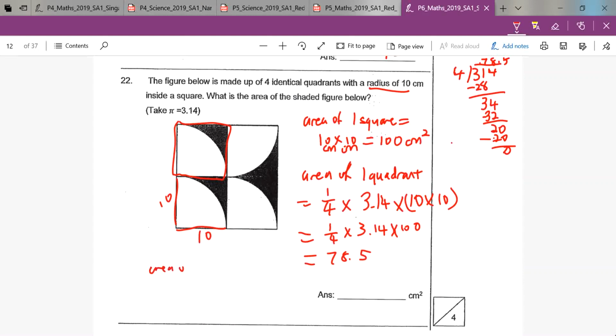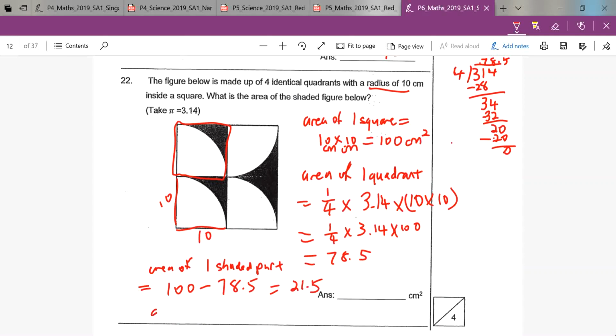So the area of the shaded figure: the area of 1 shaded part is equal to 100 minus 78.5, which would be 21.5.